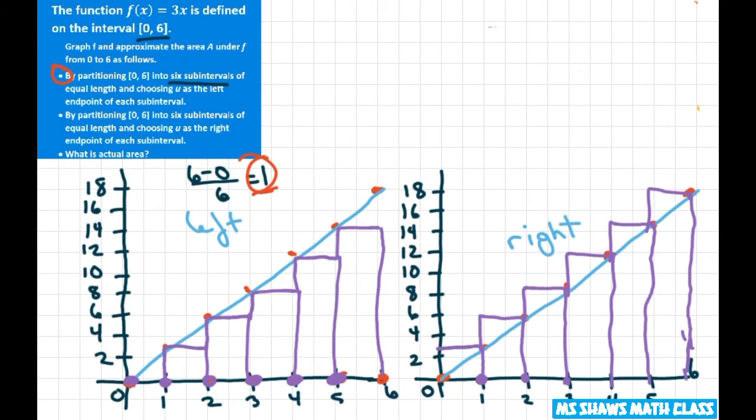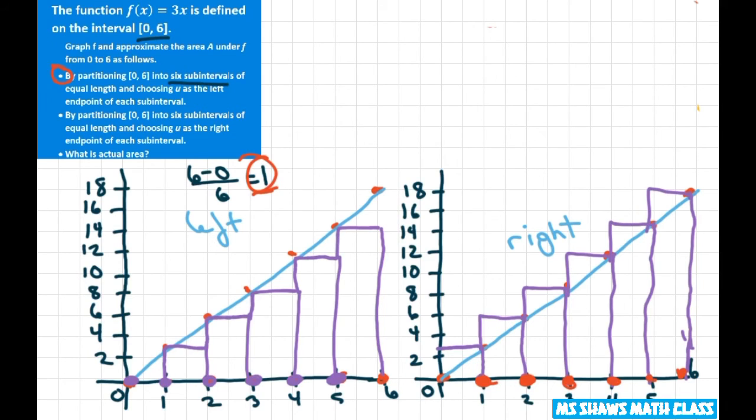All right, so for this one, we're starting at f of 1. So what we're doing is we're using these endpoints, 1 through 6. Be real careful with that one. So we're going to do the same thing.